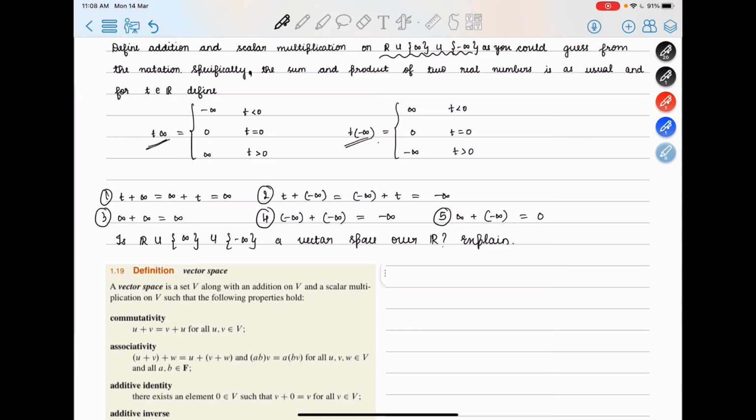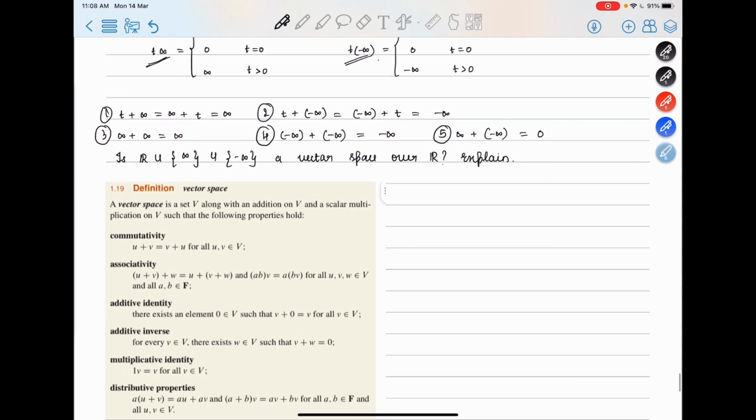So what they are asking is, is R union infinity union minus infinity a vector space over R? Explain. So what we have to do here is check all the axioms on this space. First let us give a name to this. I'll call it M. M is nothing but R union infinity union minus infinity. So I have to check all these axioms.